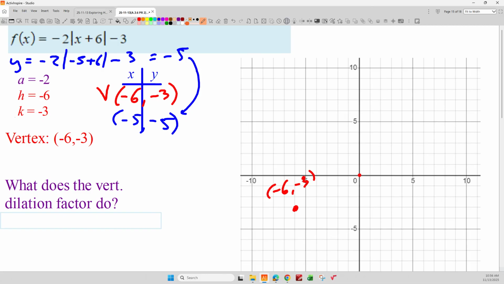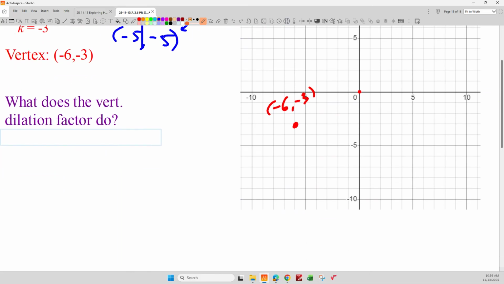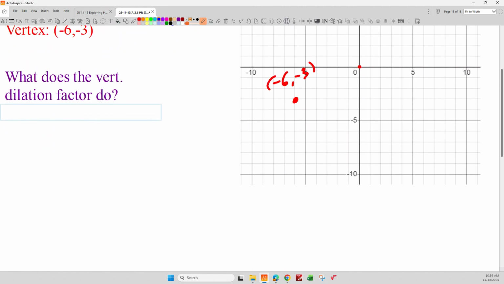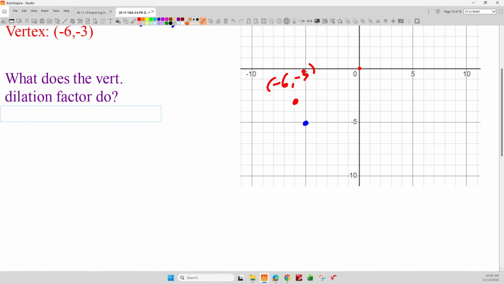Okay, so negative 5 puts us right there. And so we got it, right? There's our V.